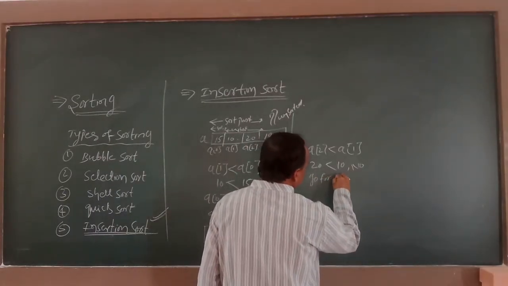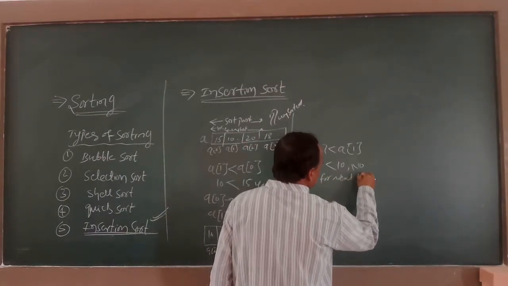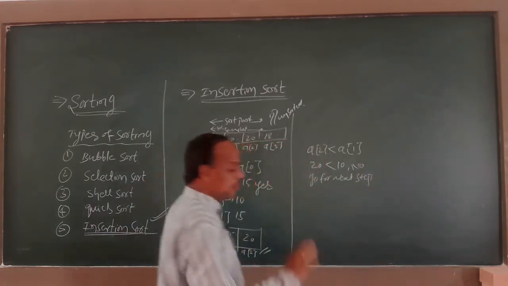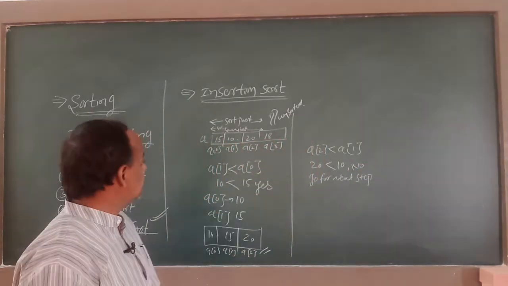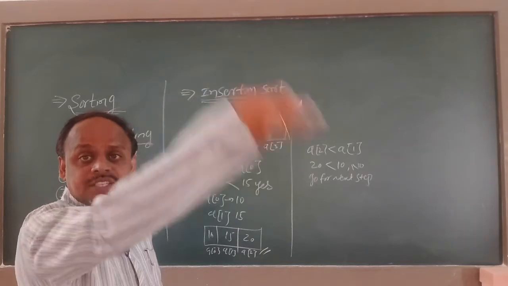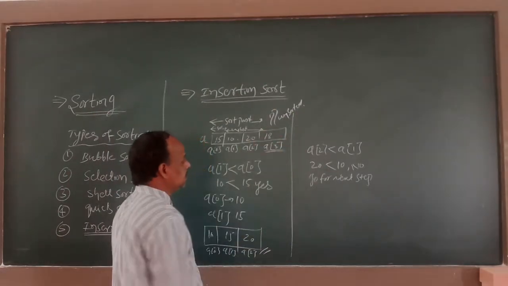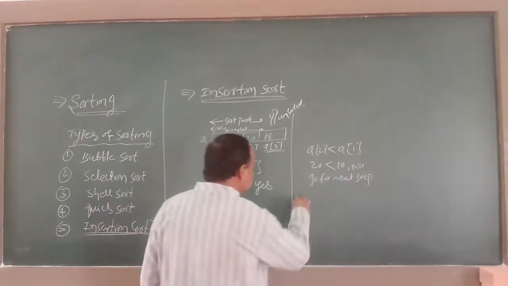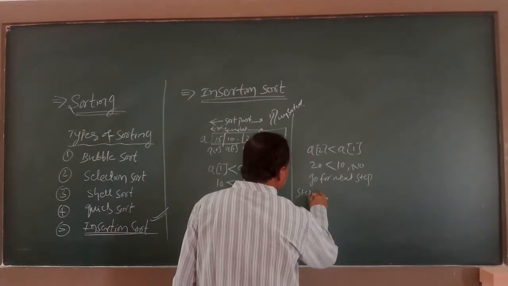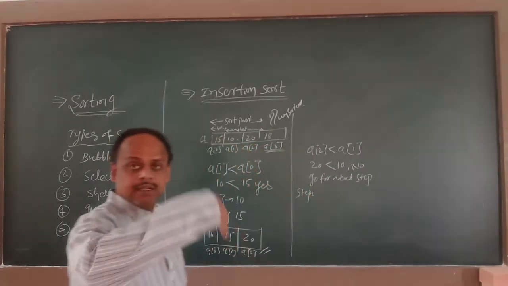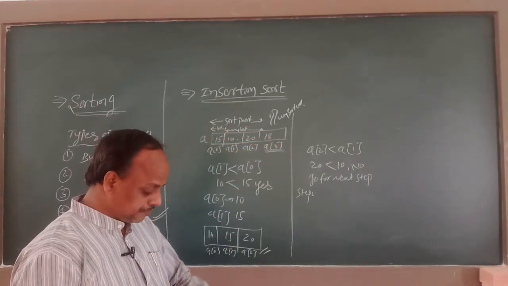Go for the next step. The next step means we consider the next position, that is A of 3. Right? So in step 2, we consider A of 3.